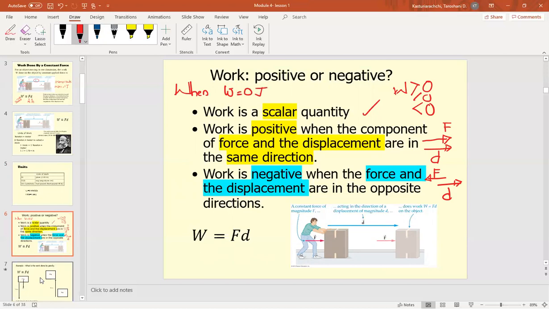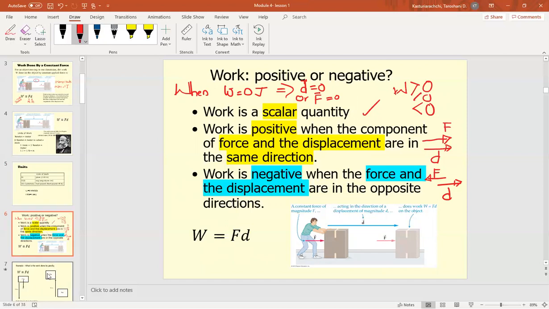My very first slide showed that: you apply a force, but it is not moving, there is no displacement. Then you would write your work as 0 when there is displacement 0 or no net force. Force is 0. But there are other conditions too. We'll look at those in a minute.